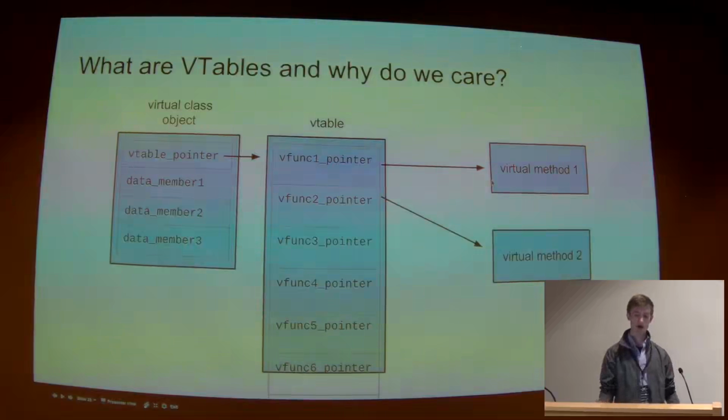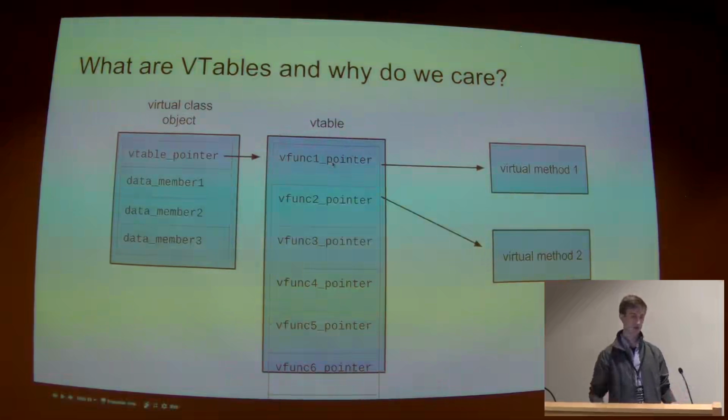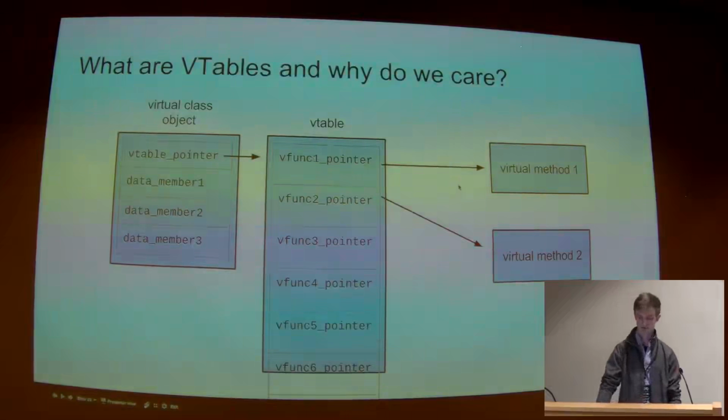So all cat objects, let's say, are going to share the same vtable that contains pointers to the cat-specific implementations of the move method and the eat method. And the same for all the bird objects. Every bird object is going to have a pointer at the start of its memory to the bird vtable, and then the bird vtable contains the pointers to the correct bird-specific methods.